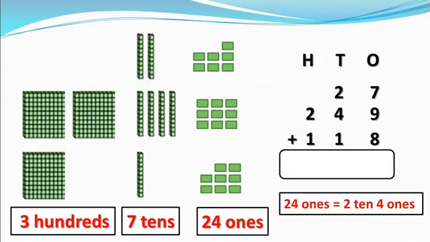Now we write 4 in the ones column and 2 tens will be put into the tens column above 2. Now add these tens. 2 plus 2 equals 4. 4 plus 4 equals 8 and 8 plus 1 equals 9. 9 tens. Now add hundreds. 2 plus 1 equals 3. 3 hundreds. So the answer is 394.